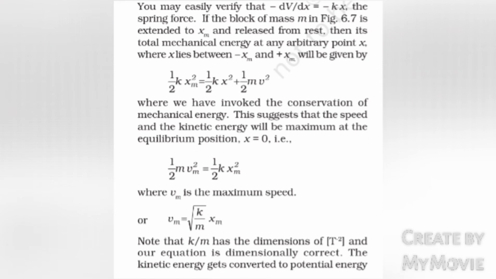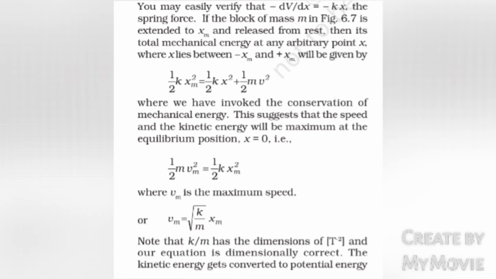If the block of mass m in figure 6.7 is extended to xm and released from rest, then its total mechanical energy at any arbitrary point x, where x lies between minus xm and plus xm, will be given by half k xm square equals half k x square plus half mv square, where we have invoked the conservation of mechanical energy.